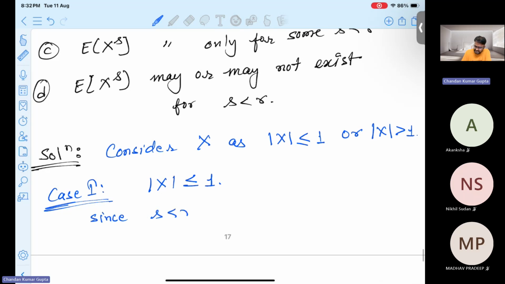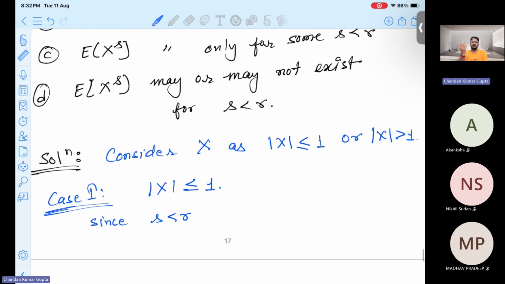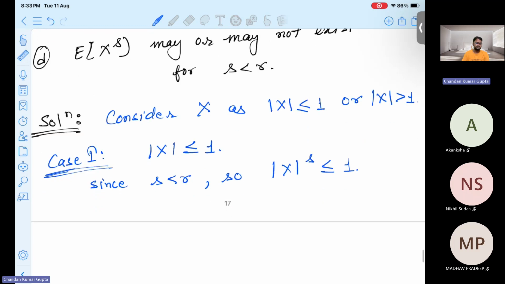Since we are given S is less than R, in all the cases we are given S is less than R. So we take a quantity S which is less than R, and we know that X to the power S is also less than or equal to 1. Since the modulus value of X is less than or equal to 1, obviously any power of it also gives less than or equal to 1. Up to this point it is okay.